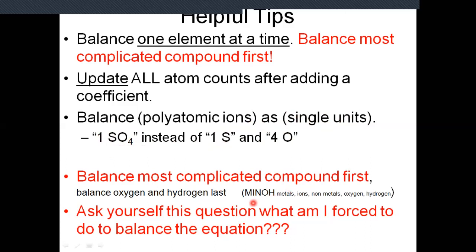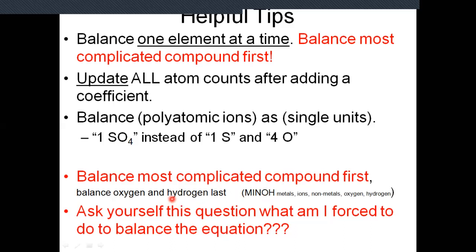And follow this sequence. Metals first of all, try to balance metals, then ions, polyatomic ions, then non-metals, and always balance oxygen and hydrogen in the end. The last step should be to balance oxygen and hydrogen, or any diatomic molecule.